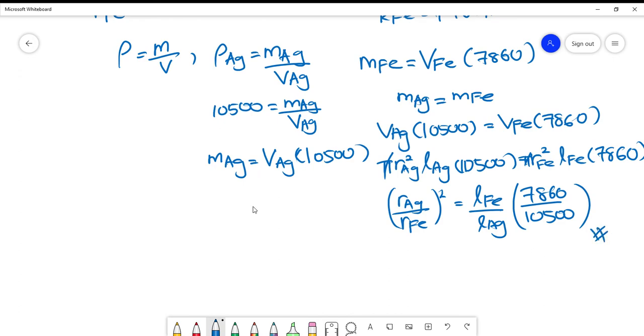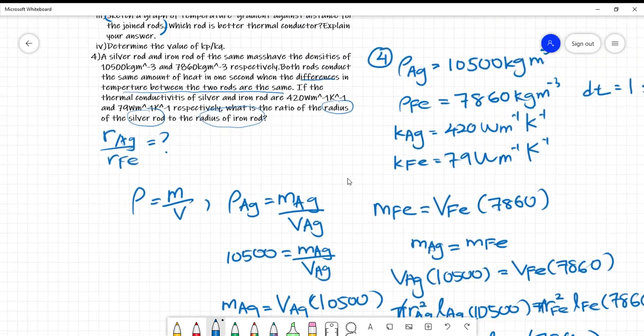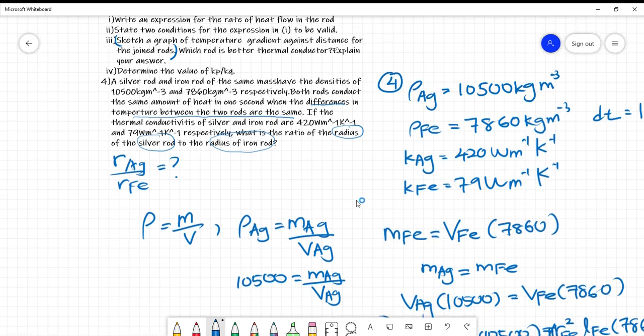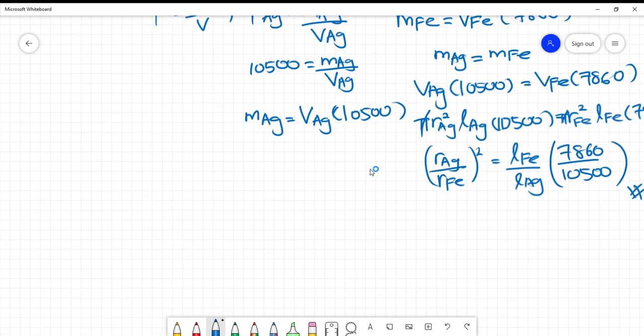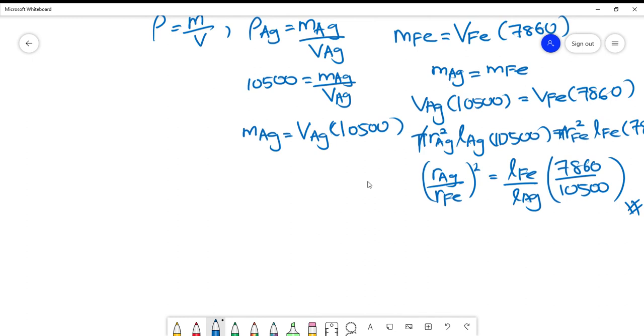Since both rods are attached to each other, I can conclude that the rate of heat flow through both rods is the same.